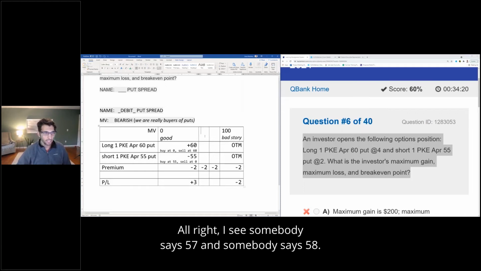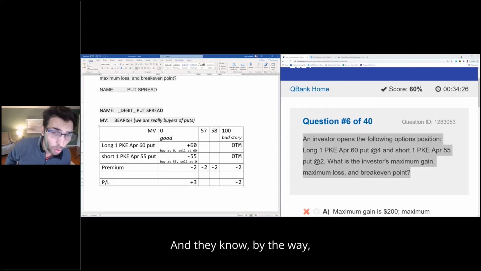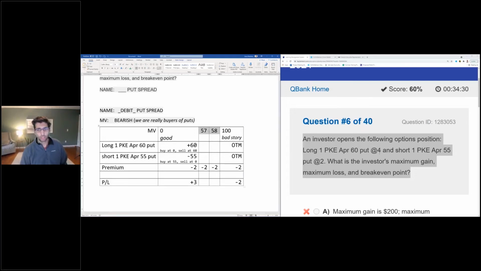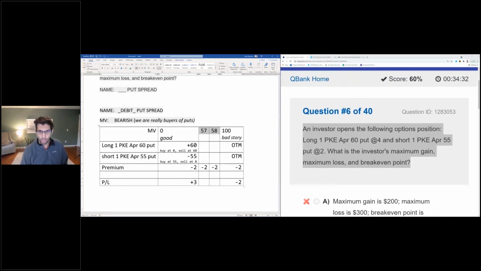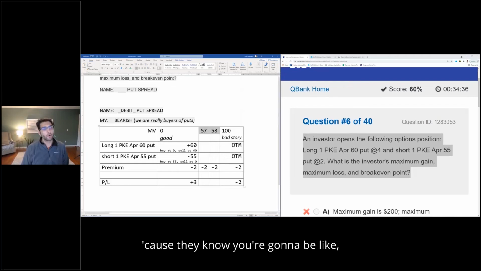All right, I see somebody says 57 and somebody says 58. And they know, by the way, these are both going to be answer choices. $57 and $58 are going to be your two because they know you're going to be like, it's 2 away from 60 or it's 2 away from 57. So let's start with 57.